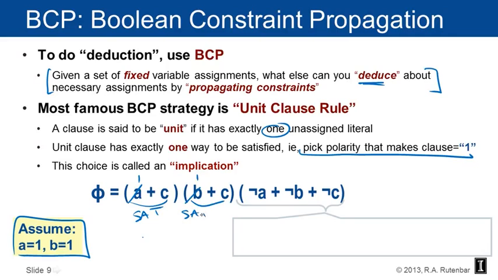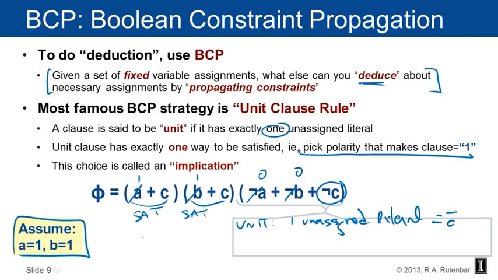I can also stop worrying about it. But in the third clause, the a term becomes a 0, the b term becomes a 0, and oh look, what has happened? This clause has become unit, because there's exactly one unassigned literal, which in this case is c bar.